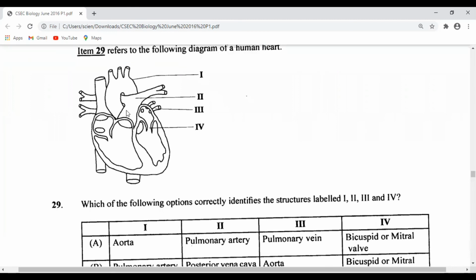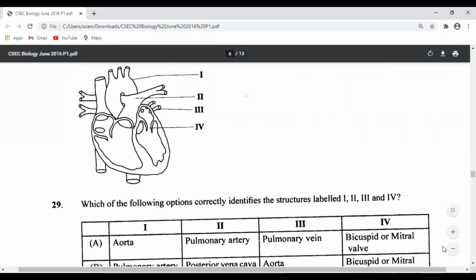So that would be the pulmonary artery, and then 3 would be the pulmonary vein, and 4 would be a valve, that would be the bicuspid or the mitral valve. So it would be A. So A would be correctly labeled.